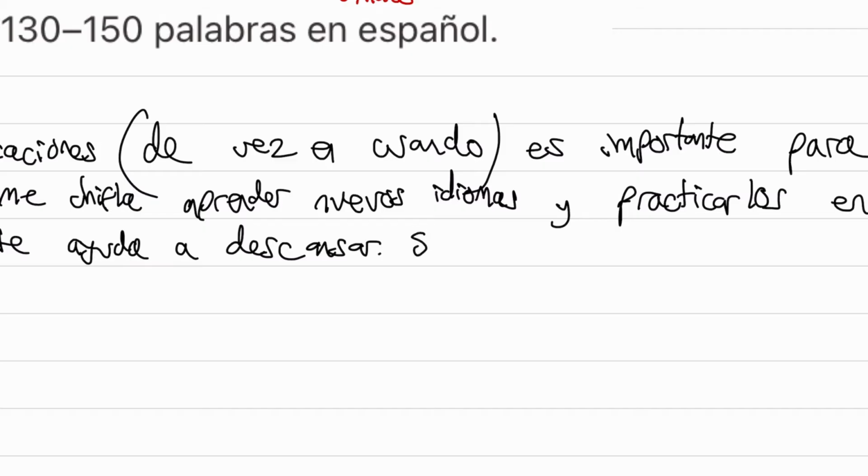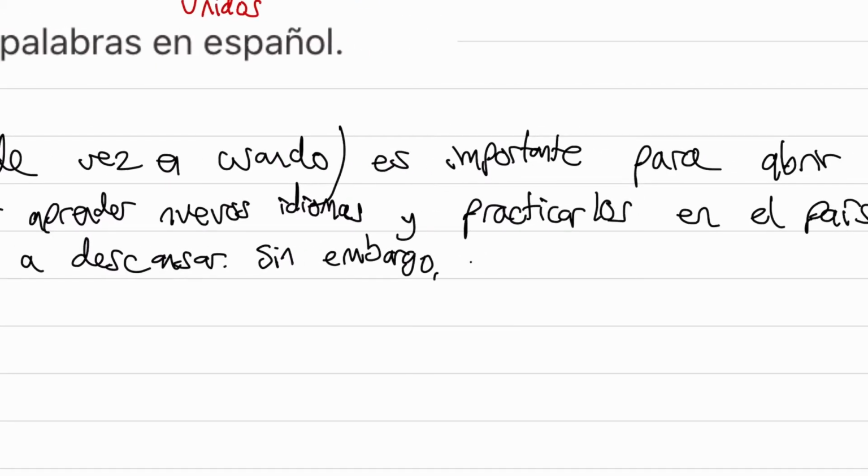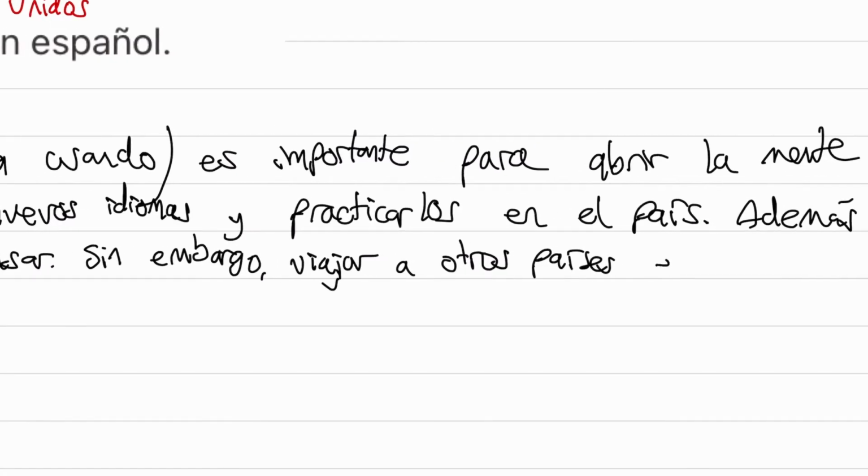Let's now give an opposite view. Sin embargo, a sort of negative view about holidays is going to be that it's expensive. So, sin embargo, instead of repeating ir de vacaciones, let's rephrase it slightly. Let's use the verb viajar. It's a very key verb, to travel. Viajar a other countries, otros países, es caro.